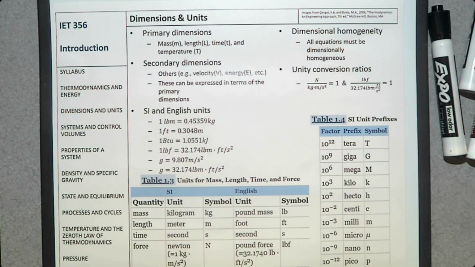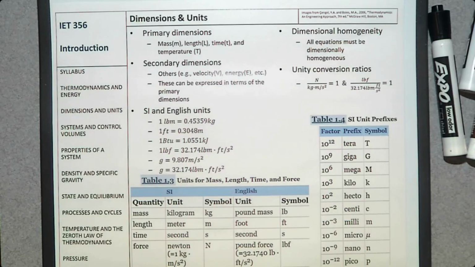Primary dimensions are those that cannot be divided into 2, like distance. Let's say from here to the door is 5 yards or 5 meters. Can you divide it into 2? No, it's just the distance. But what about velocity? How do you determine velocity? Velocity is distance divided by time, right?